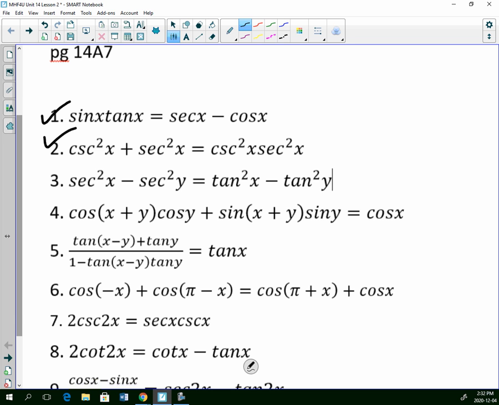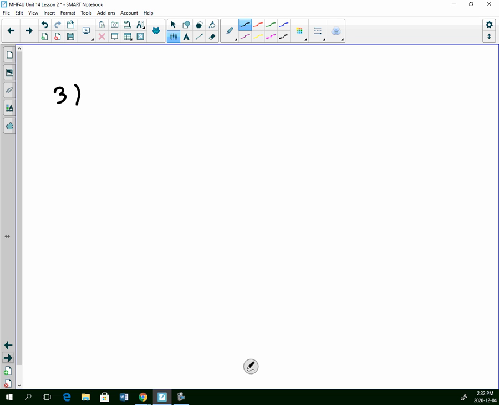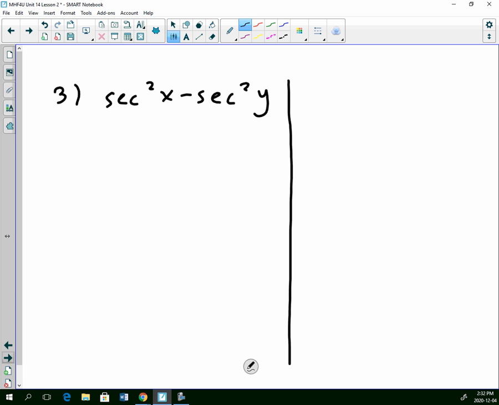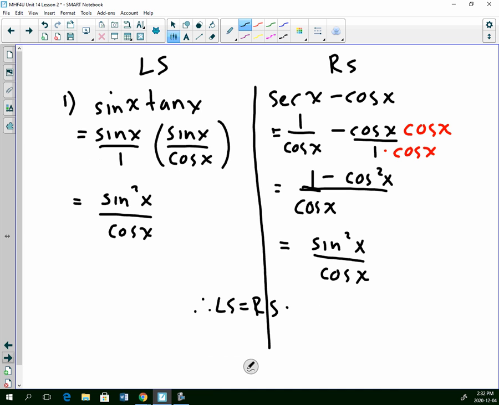So let's go to number 3. So we have secant squared x minus secant squared y, and that's on the left side. And then on the right side, we have tan squared x minus tan squared y.